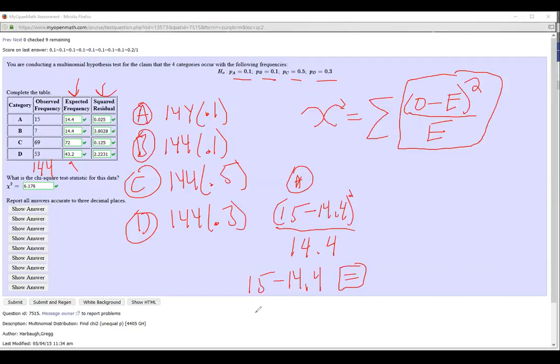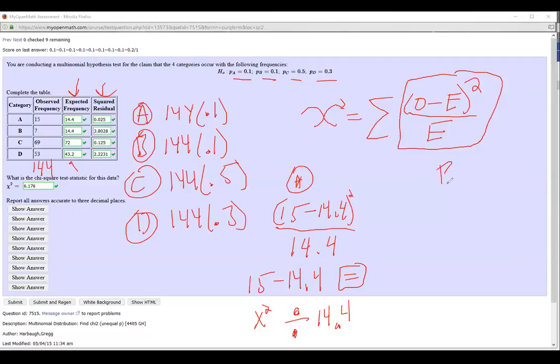And then you want to square it, and hopefully you have an x-squared button. Google calculator will at least. Then once you get that number, you want to divide that answer by the 14.4 that we expected, and that should give you the 0.025.